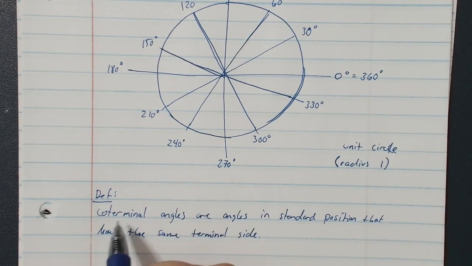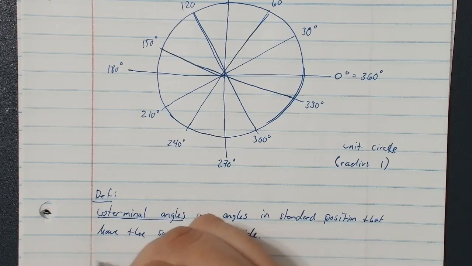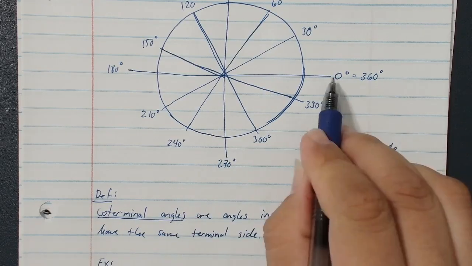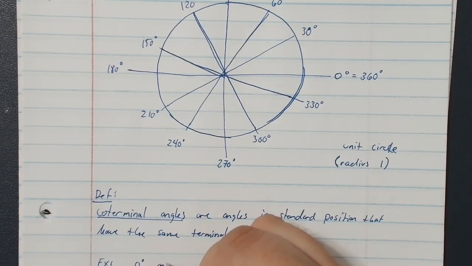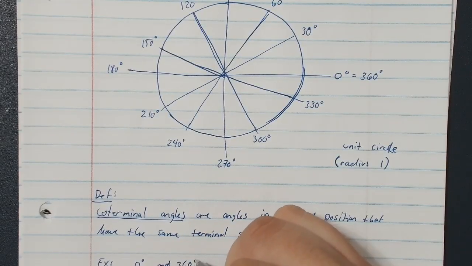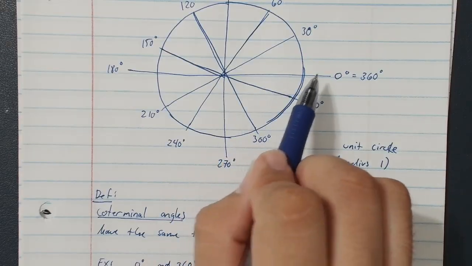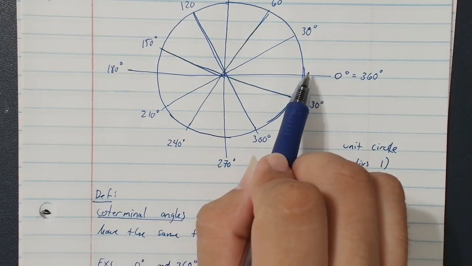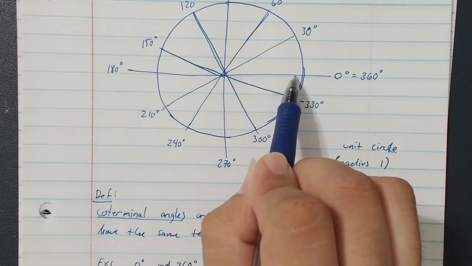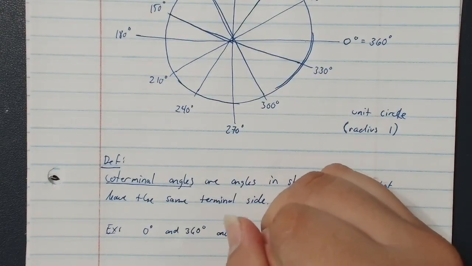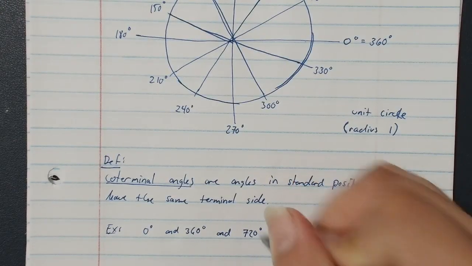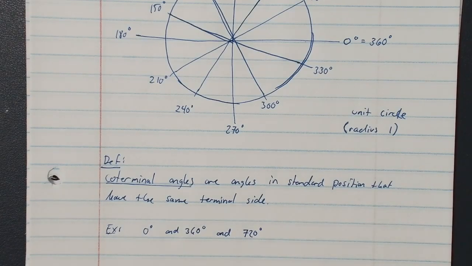Examples of coterminal angles are 0 degrees and 360 degrees. But you know what? You could do that again. You could take this rotation and repeat it a second time, adding another 360 degrees, which would give you 720 degrees. That would be another coterminal angle.